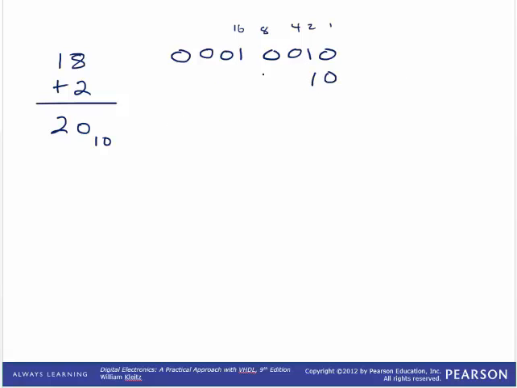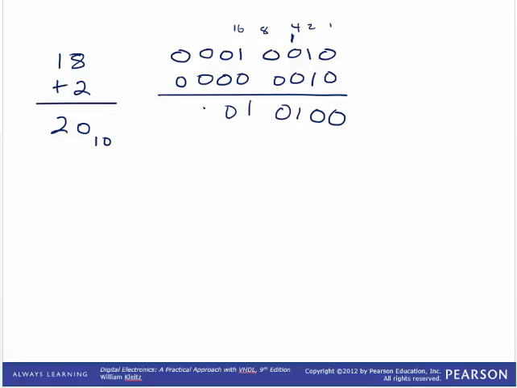And 2 is a 1, 0. Once again I'm sticking to everything being 8 bits. So we add this up. 0 plus 0 is 0, but 1 plus 1 is 1, 0, so I have to carry the 1 there. And so I have 1, 0, and then bring that down because now the carry 1 plus 0 is 1. And that's our answer, and that's the 16, and that's a 4, so it does equal 20. Check. Okay. Next problem.